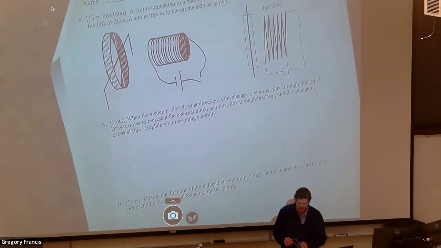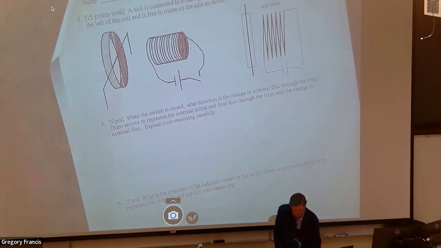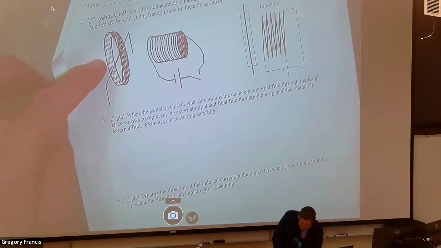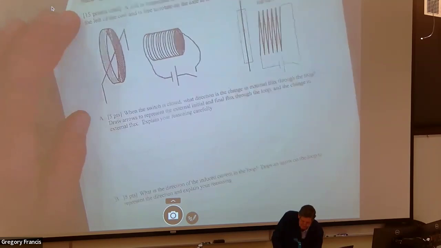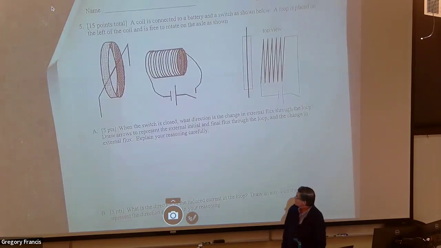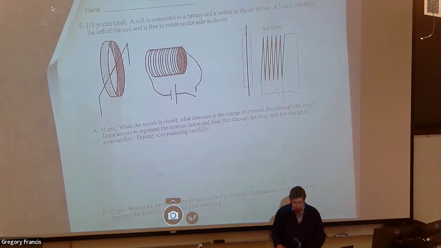So we are closing this switch, and we're looking for the induced flux through this copper loop. Part A is asking us to go through the actual construction of the change in external flux.